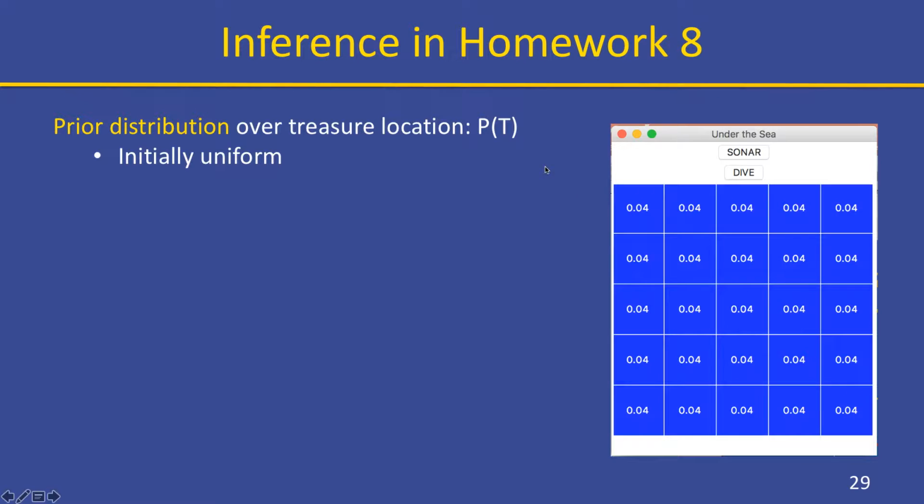Initially, the distribution is uniform, because before we have made any measurement, it's equally probable that the treasure is in any of these locations. Since we have 25 possible locations, the probability of the treasure being in any of them is 1 over 25.